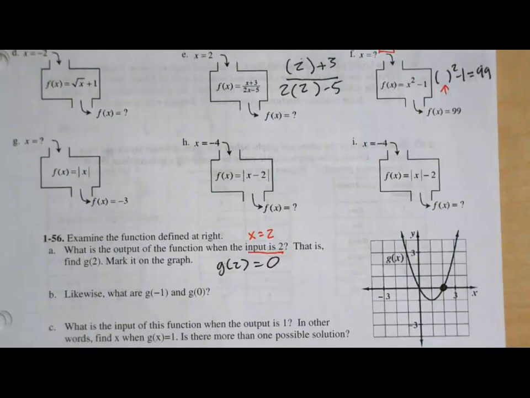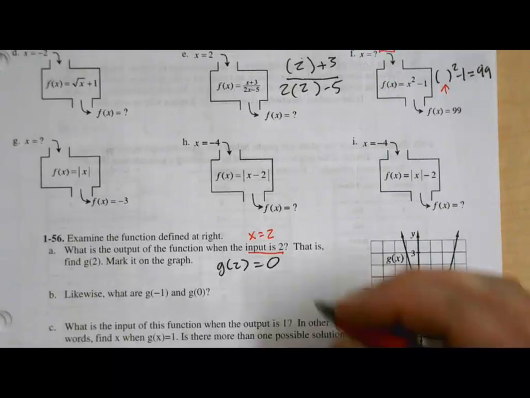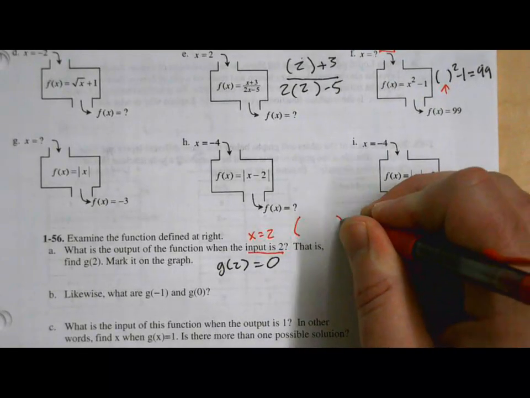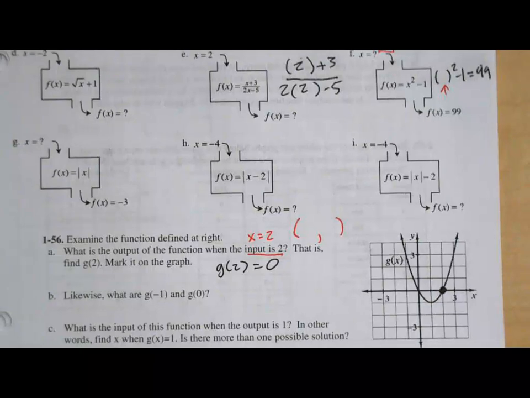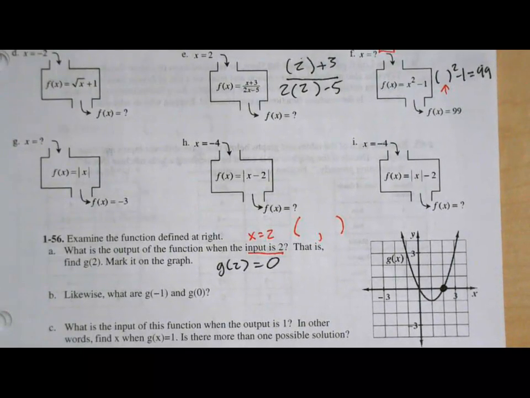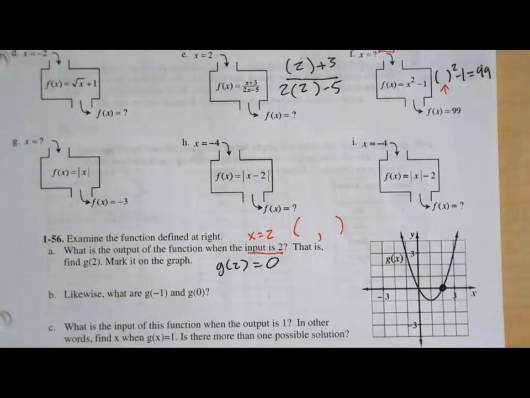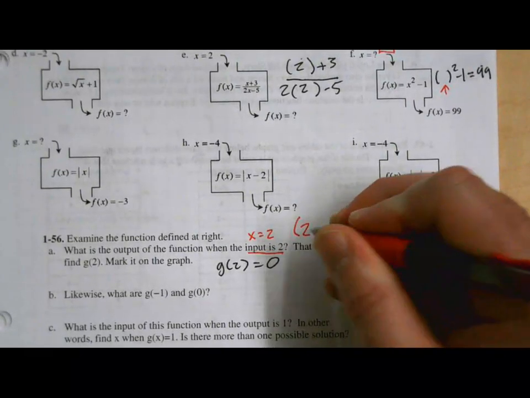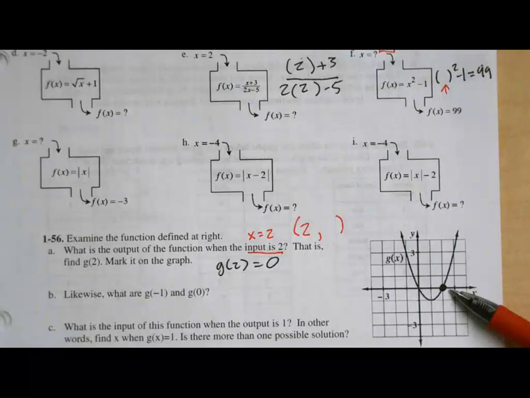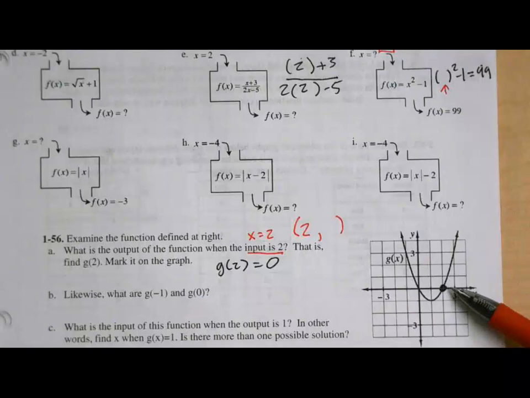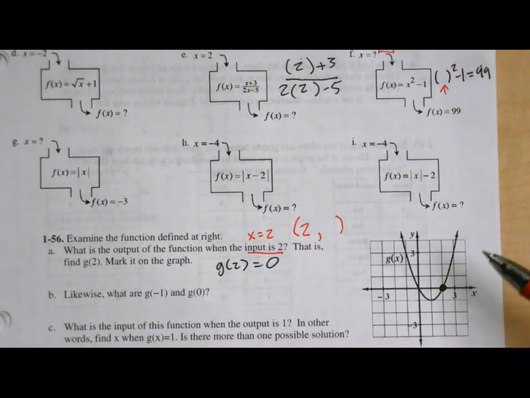Now, when we're dealing with a graph, we don't have an equation, so we need to be thinking about points on the graph, ordered pairs like this. So this question is asking me to find a point on my graph that is 2 comma something. Do you see why I highlighted this point right here? What would the coordinates of this point be? 2 comma 0.